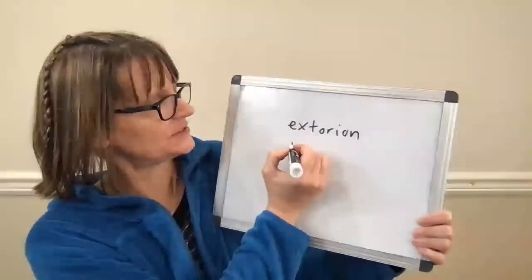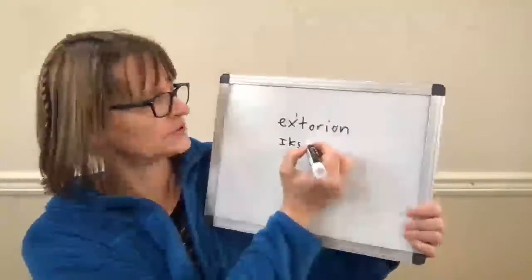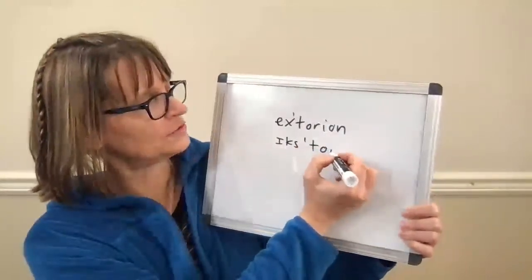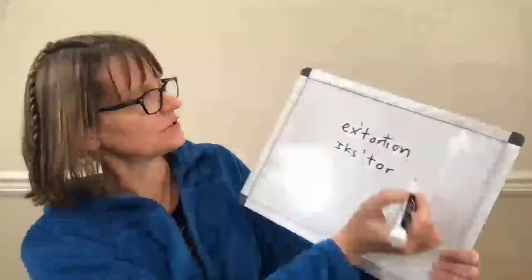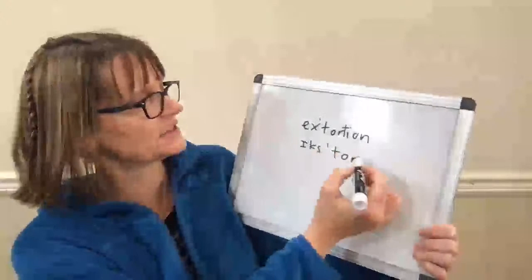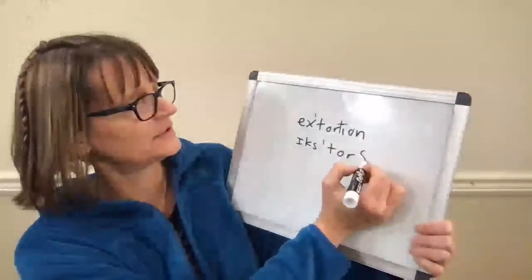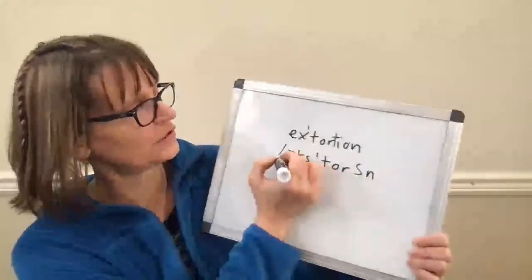It's actually an X sound because it has stress on the tor. Extor, true or, shun, extortion. I'm not spelling it correctly. Extortion, yeah, with a T. TH, extortion. Kind of no vowel there.